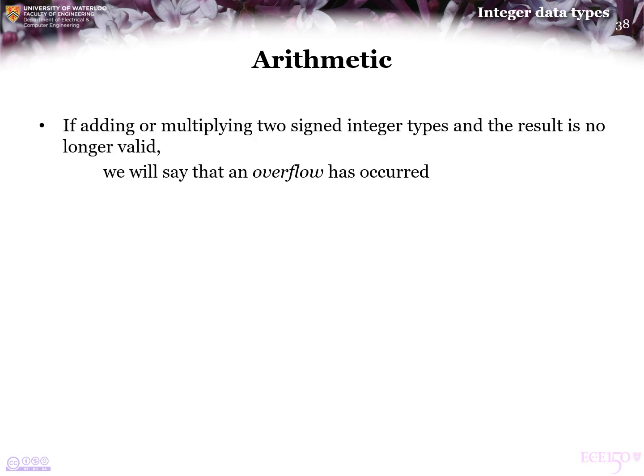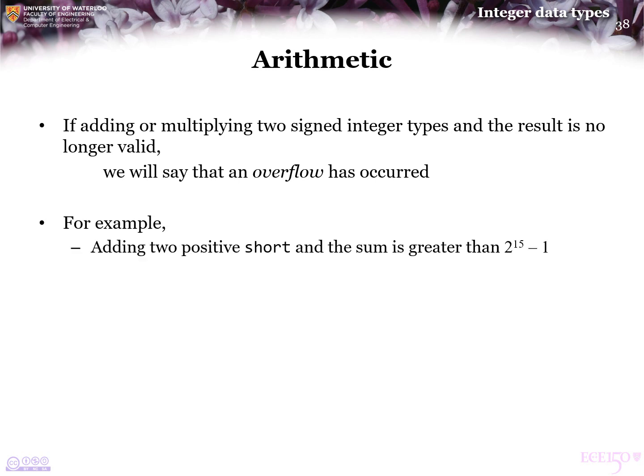Now, if adding or multiplying two signed integer types and the result is no longer valid, we will say that an overflow has occurred, as opposed to the term carry, which was used for unsigned arithmetic. So, for example, adding two positive short and the sum is greater than 2 to the 15 minus 1.